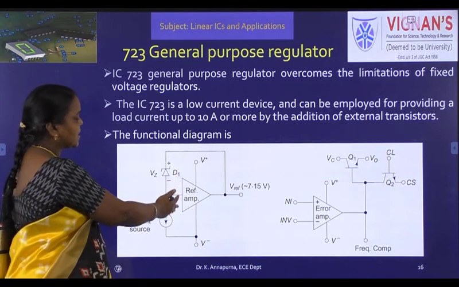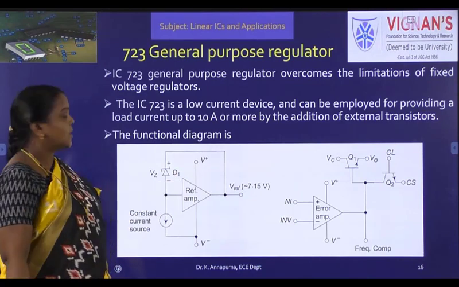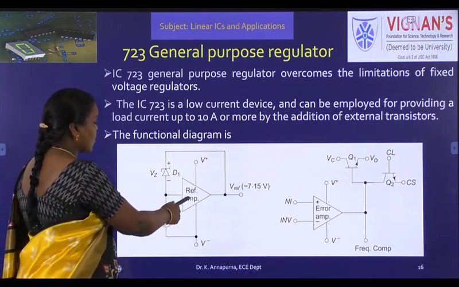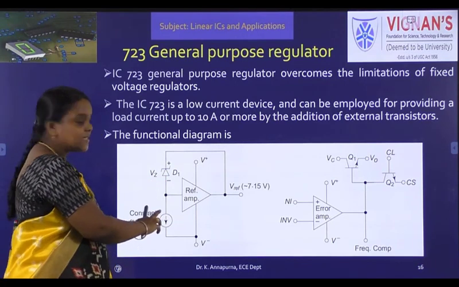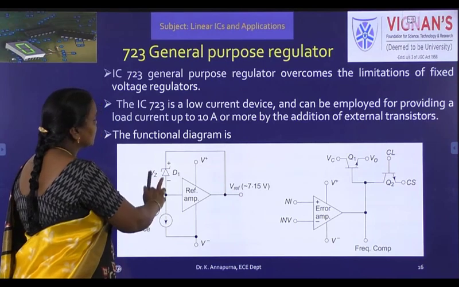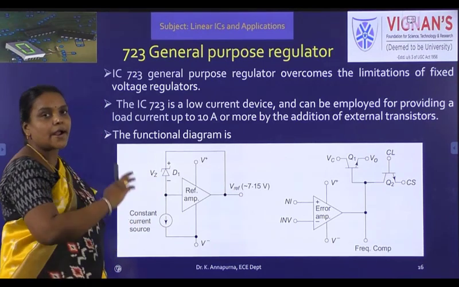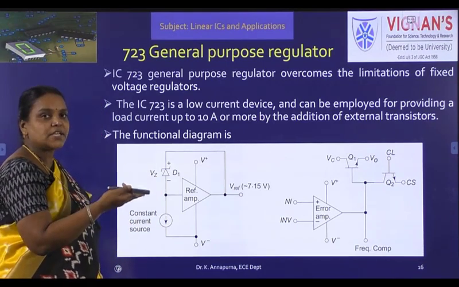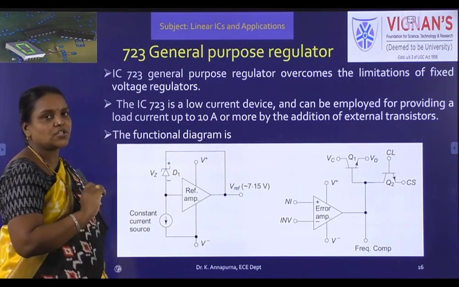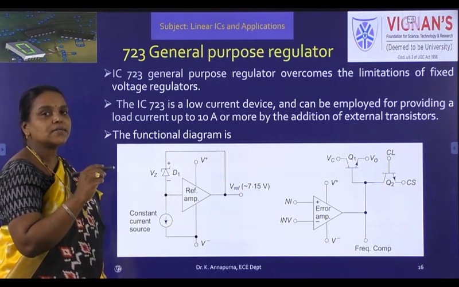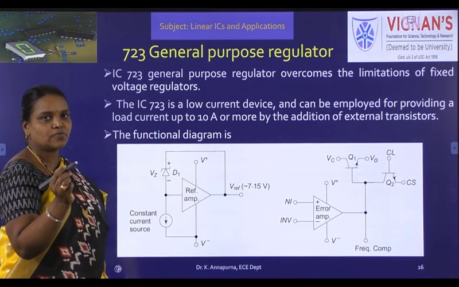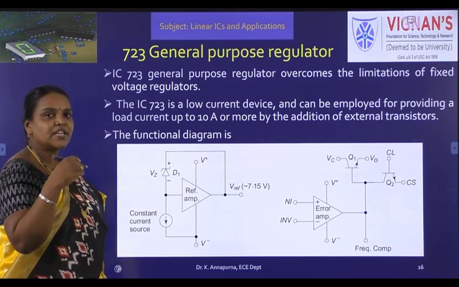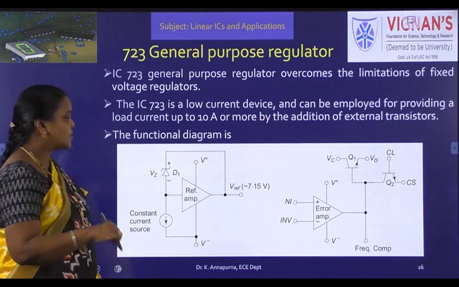It has basically two functional blocks. In the first block there is a Zener diode and a constant current source. This constant current source is used to reverse bias the Zener diode and make it operate in reverse breakdown condition. When the Zener diode operates in reverse breakdown, it gives a constant output voltage, which we use as the reference voltage.